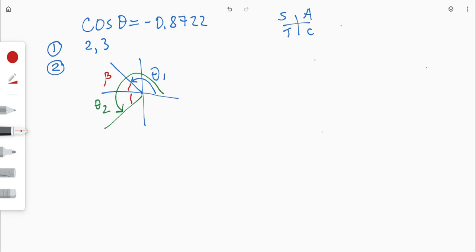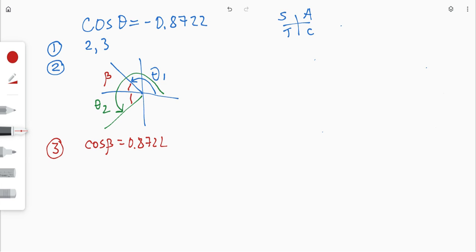All right. So the third step is find the value of beta. How will you find the value of angle beta? By remembering the link between the principal angle and related acute. And knowing that the beta angle is acute, it means that all ratios for beta are always positive. So if cosine theta is negative 0.8722, it means that cosine beta is positive 0.8722.